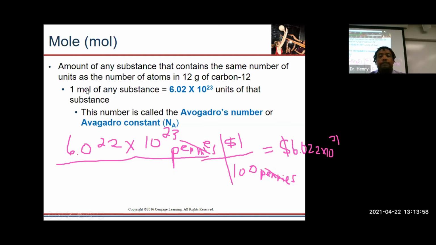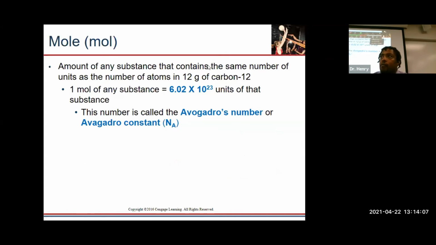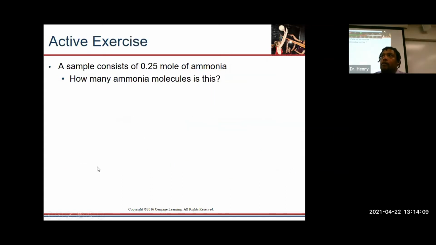Okay, so let's use it in chemistry. A sample consisting of 0.25 moles of ammonia. How many molecules is this? So remember, moles could be anything that we want them to be. It could be molecules, atoms, ions, it could be dirty shoes.